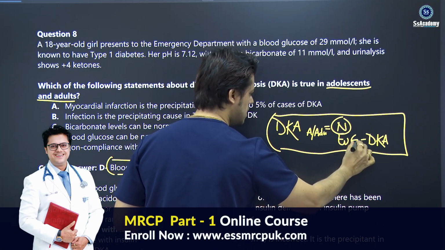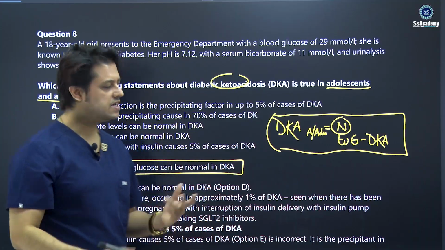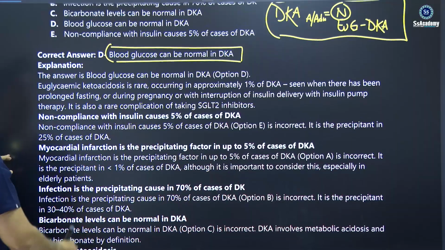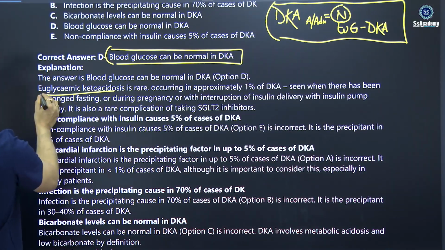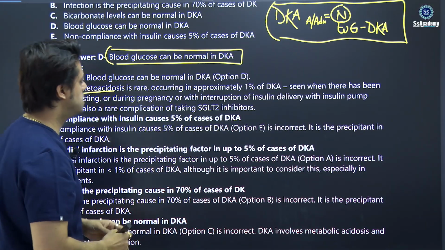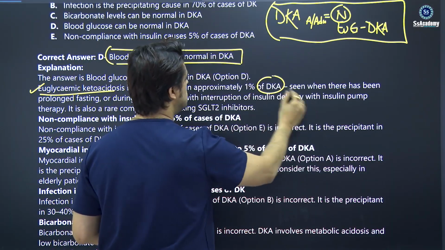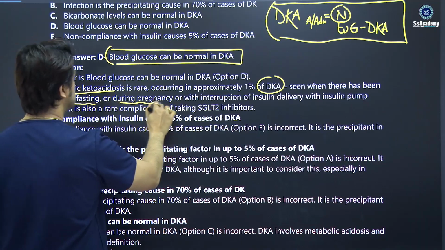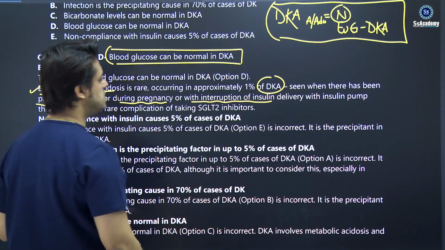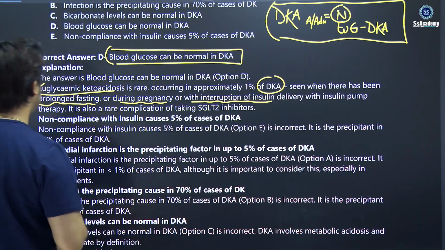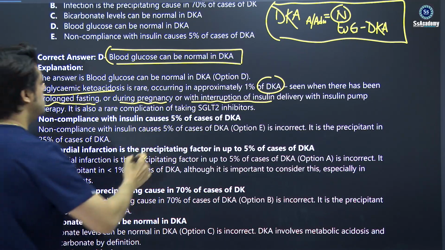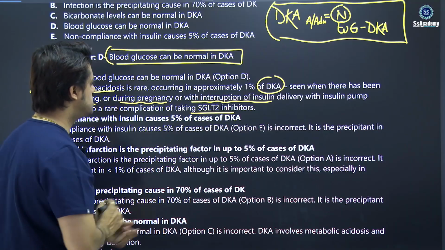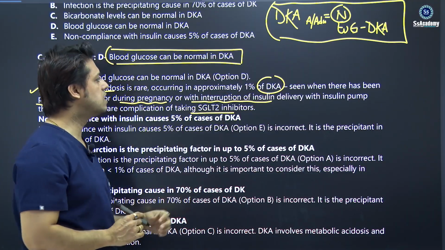I'm writing euglycemic diabetic ketoacidosis can occur. Yes, my dear, there are so many causes. Euglycemic DKA is rare, occurring in approximately 1% of DKA seen, when there has been prolonged fasting, during pregnancy, and with interruption of insulin delivery with insulin pump therapy. It is also a rare complication of taking SGLT type 2 inhibitors.